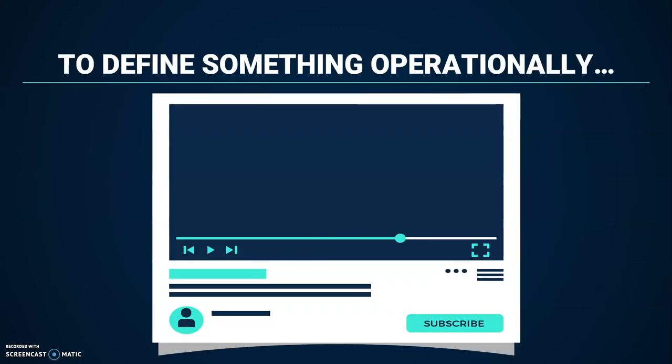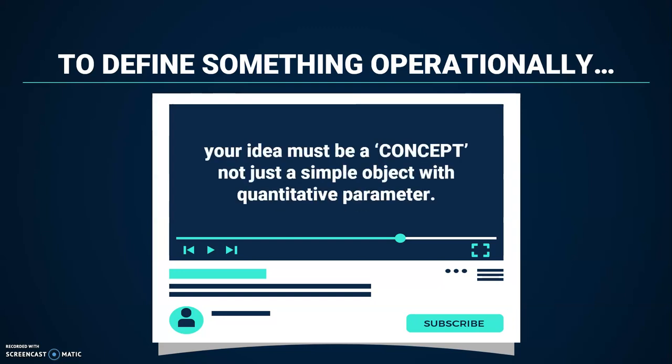Okay, so to define something operationally, okay, getting back to our topic today, your idea actually must be a concept, not just a simple object with quantitative parameter. What I'm trying to say here is, when we are trying to define something operationally, for example, the two examples that we talked about earlier, it must not be like that.